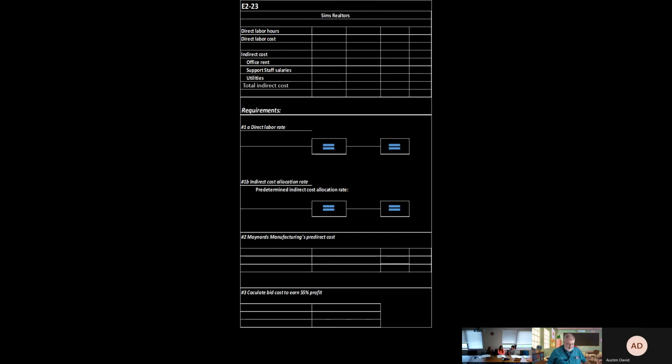Their salaries were $85,000. The utilities were $35,000. So our first requirement for this exercise is to compute the hourly direct cost and the indirect cost allocation rate. So how are we going to get the hourly direct cost?